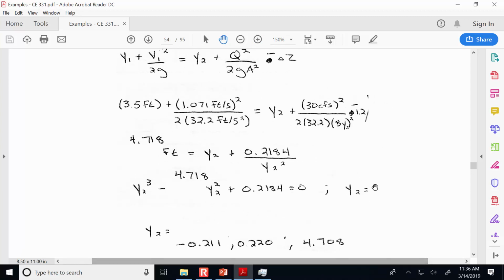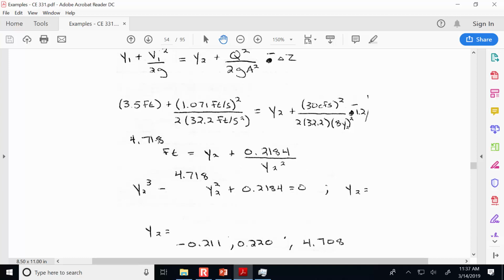All right. Here what I've done on the screen is a little bit different from the whiteboard. On the screen I combined here's E1, here's E2, and then the step of 1.2 feet. But what we knew is that the overall amount of specific energy at 2 is 4.718 feet, and that's equal to the depth and the velocity head. And when we're expressing the velocity head in terms of the unknown depth y2, then the factor is going to be 0.2184, and that's just where we have 30 squared divided by 2g times 8 squared.